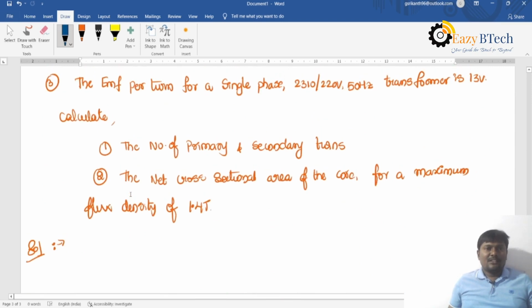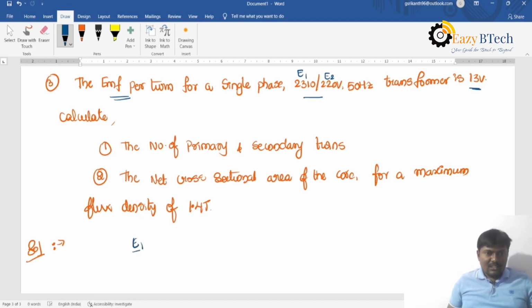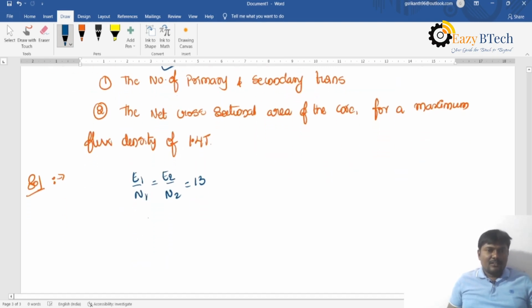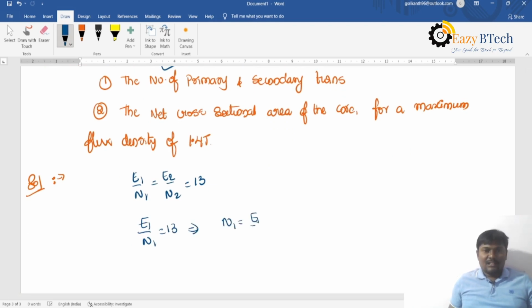And coming to the next problem, the EMF per turn for a single phase 2310 by 220, this is E1 and this is E2, 50 Hz transformer is 13. So E1 by N1 is equal to E2 by N2 is equal to 13. Same question, same model: the number of primary and secondary turns. From E1 by N1 is equal to 13, N1 is equal to E1 divided by 13.